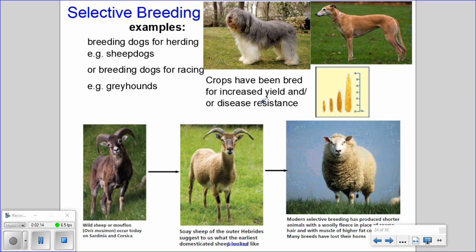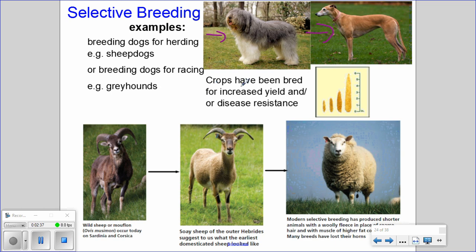Other examples of selective breeding include breeding dogs for herding, for example, those specific traits and characteristics, or breeding greyhounds for racing. There are many different breeds of dogs out there, all with different types of purpose.